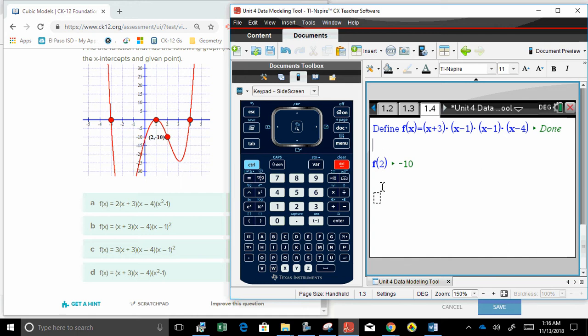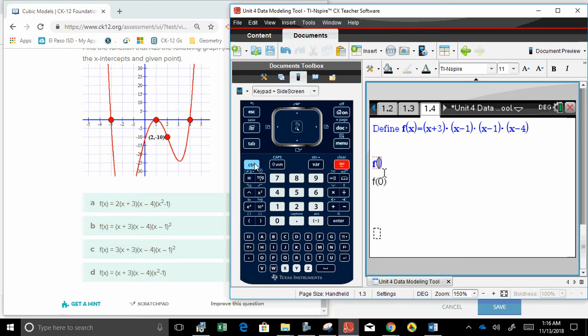And at 0, obviously, we could try f of 0. Well, we can substitute a whole list.